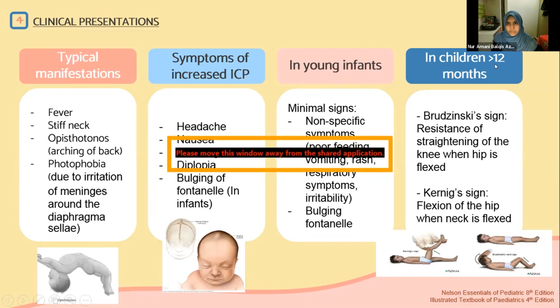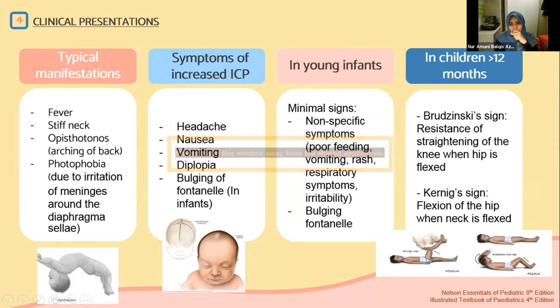In children more than 12 months old, we can assess for Brudzinski sign and Kernig sign. So this is Kernig sign when the child is lying, when we flex the hip.